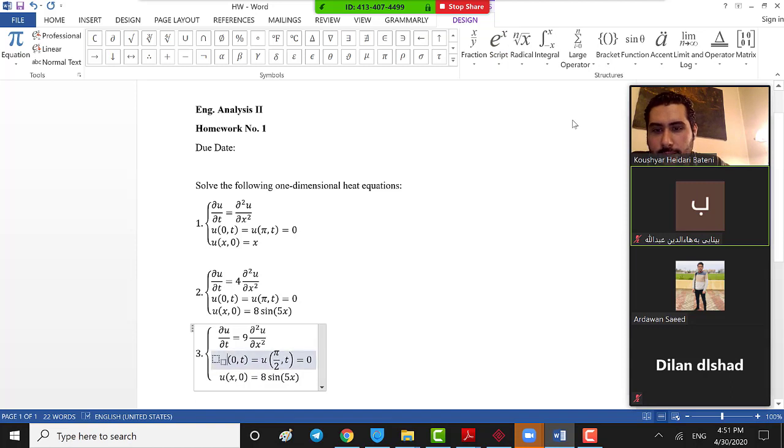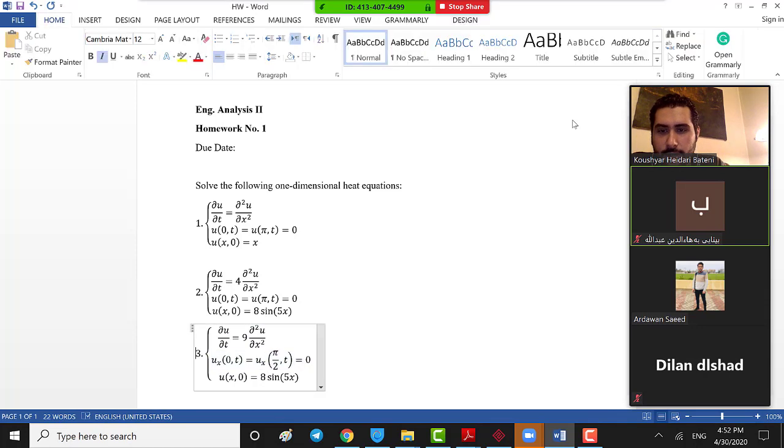So instead of u, I should have ux, right? Now, for the initial condition, if I leave it like this, the smart students now know that with this initial condition, all the c's are going to turn out to be equal to 0.